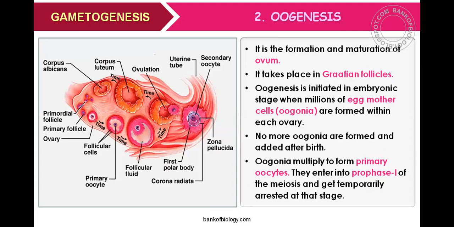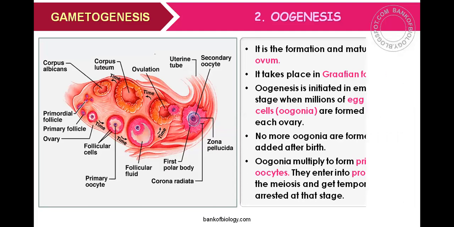Minimum 10 years. Okay, is that minimum or maximum? Minimum 10 years, 10 to 12. Maximum time? Yes, very good. 50 years or 45 years. In meiosis 1 prophase 1 itself, it will stay for 40 years. Super. That means you understand well.